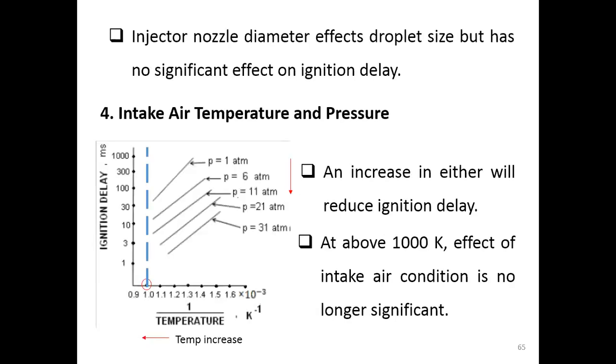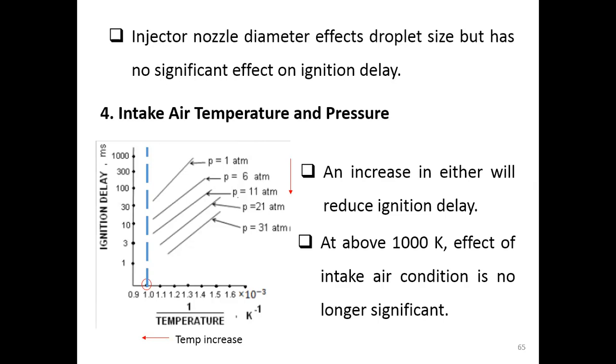Okay. The fourth parameter is the intake air temperature and pressure. Of course, this is the common type. If we can increase either one of these, we can definitely reduce the ignition delay.